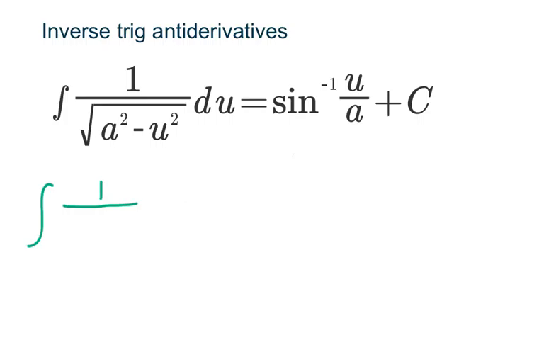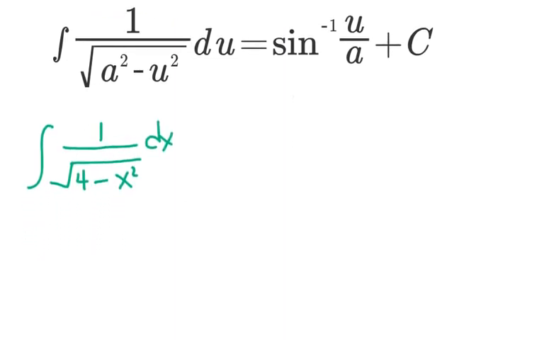1 over the square root of 4 minus x squared dx. We would look at this problem and say, okay, u is equal to x, because notice the positioning, whatever's after the minus sign. A, which is always a constant, is equal to 2. Now you might be like, no, you made a mistake.